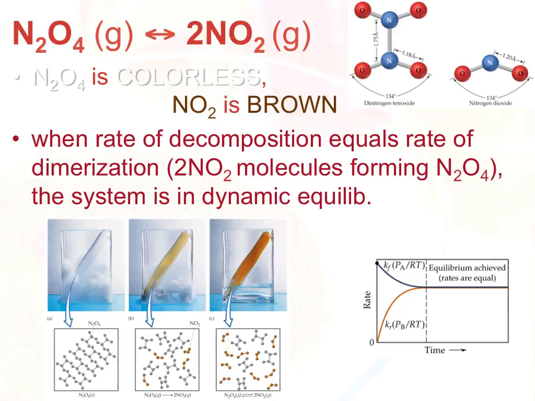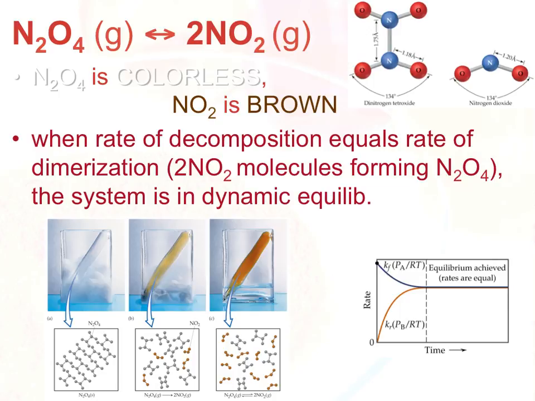Additionally, we know that the forward and reverse reaction rates are equal at that point. So visually, we're going to see the maintenance of the darkness that we see here in this third slide, because the relative concentration of NO2 versus N2O4 will remain constant.